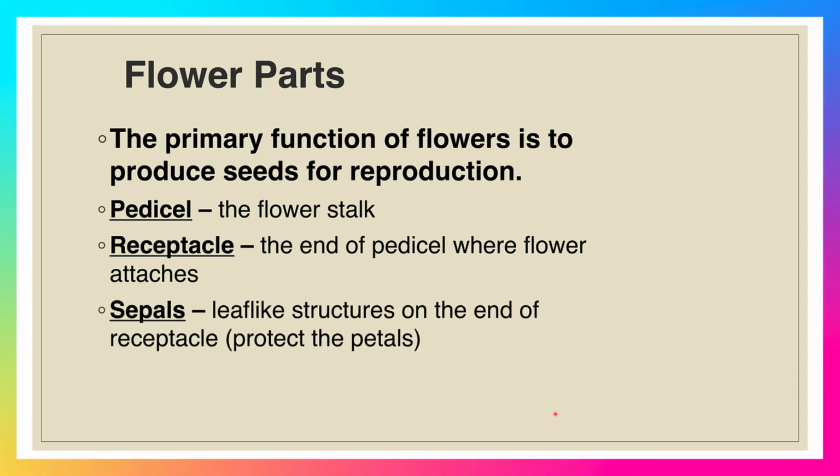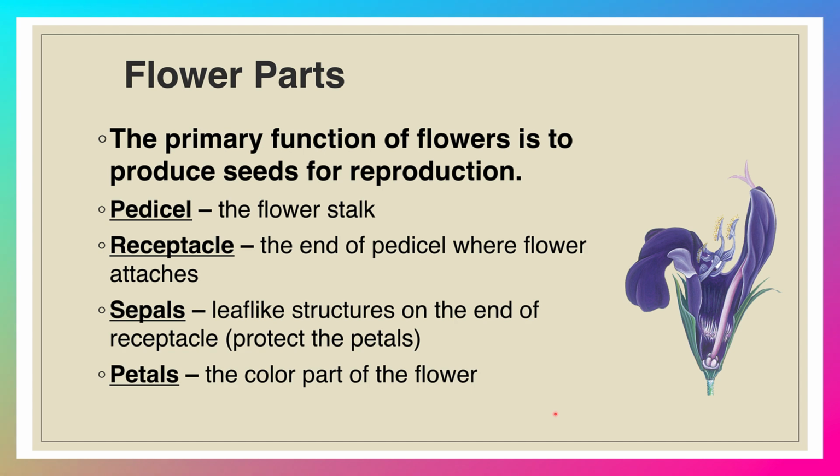The sepals are leaf-like structures on the end of the receptacle, and if you've had roses, for example, you'll remember that before the rose opens up, it's usually surrounded by these green leafy-like structures, and then those things peel back as the flower itself comes out. The purpose of these is to protect the petals of the flower. And then the petals of the flower are the colored parts of the flower.